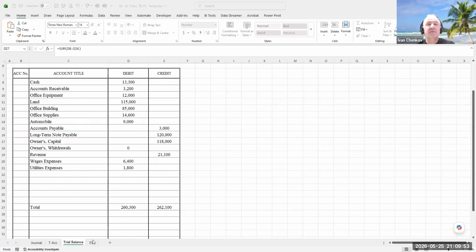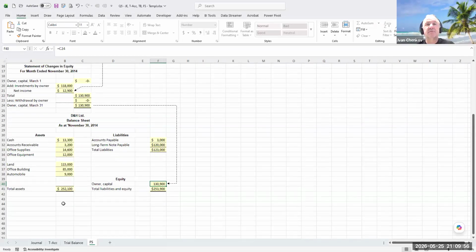If you look at the financial statements, they're going to show you the same. Total assets is not equal to total liabilities. What's the mistake? It's the same. 253,900 minus 252,100, $1,800. 1 plus 8, 9. You have a transposition error.